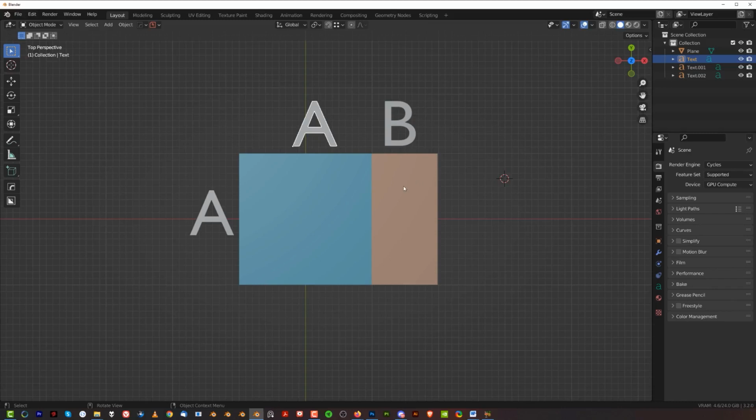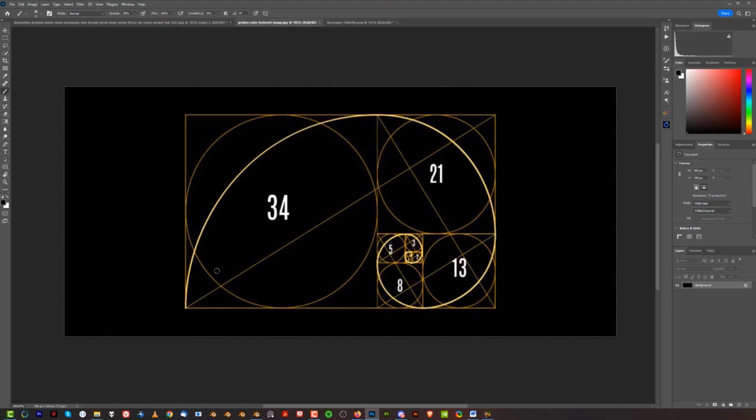Now, if you take the edge A and divide it by B, you will also get 1.618. So A plus B divided by A equals A divided by B. And that's how this golden ratio is built, okay? So that's the math behind it.